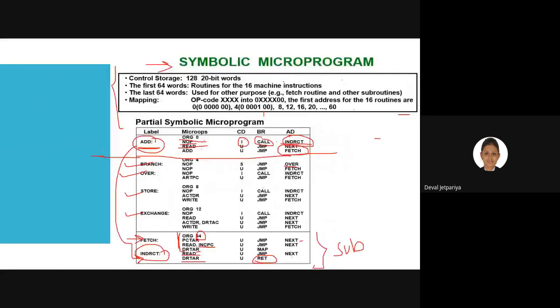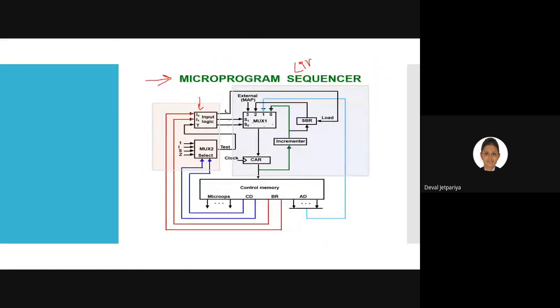So see here, multiplexer one is used to select the address. We all know the address can be selected from external mapping, from this subroutine, from this incrementer part, or from this control memory itself where we have loaded one new address. So there are a total of four ways using which we can select addresses, right? So that is the use of multiplexer number one.